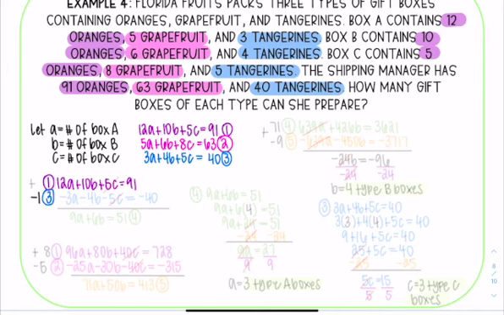So I'm just going to change the signs. We've got -3A minus 4B minus 5C equals -40. And so the C's end up canceling.